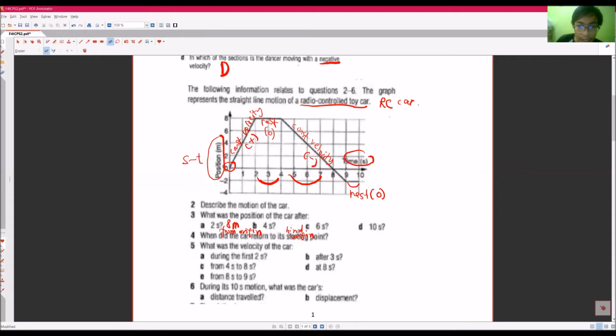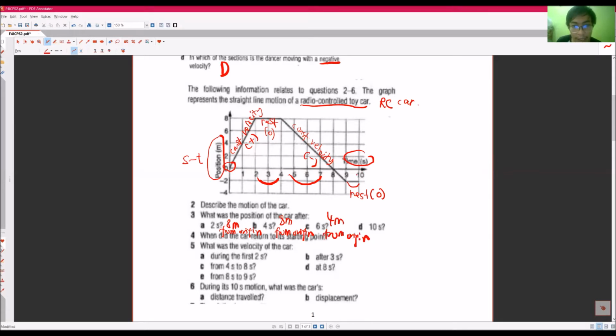We can say that we just take the position at 4. Now it's become more clear. Still at 8 meters from origin. 6 seconds is 4 meters from origin.